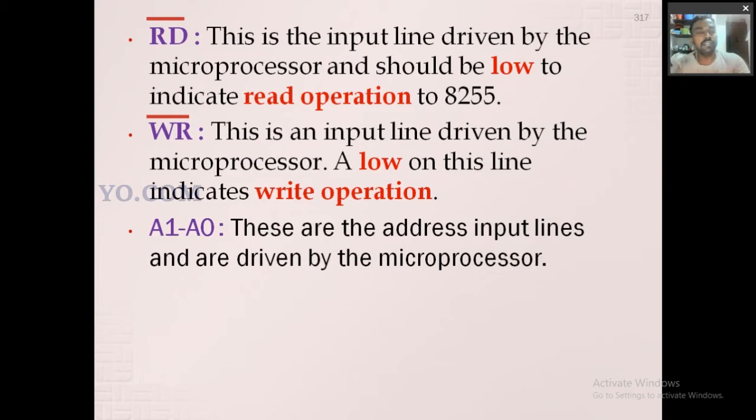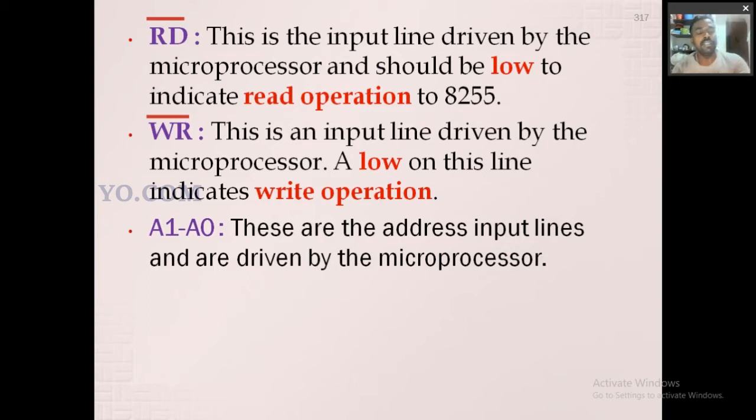The microprocessor should drive it low to indicate a read operation to the 8255. So it is an input coming from the microprocessor. Similarly, write is also an input driven by the microprocessor. The bar over the line indicates that it is active low. Active low means it will enable if you apply 0, and it will disable if you apply logical 1.